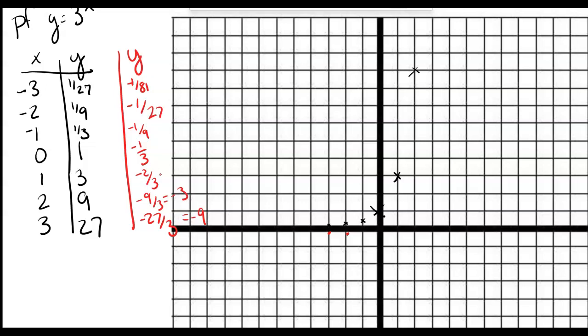Should have negative 2, negative 1/27, negative 1, negative 1/9, 0, negative 1/3, so those are out of order. 1, negative 1, 2, negative 3, and then finally 3, negative 9.